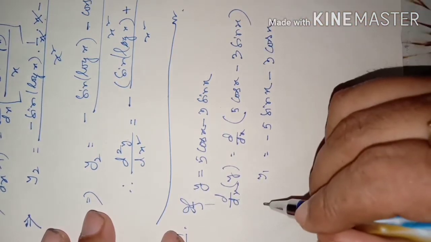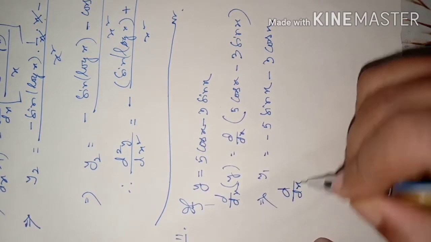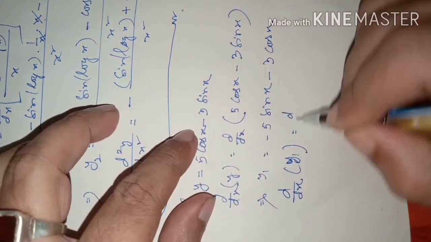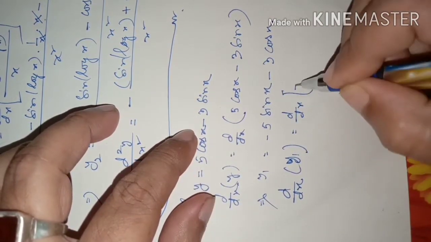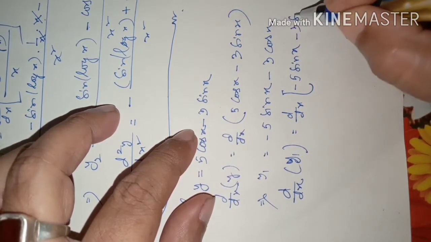Now let us find the second order derivative, d/dx of y1, which is equal to d/dx of minus 5 sin x minus 3 cos x.